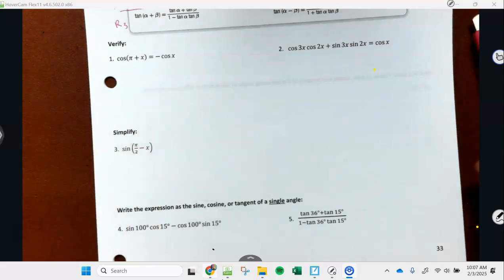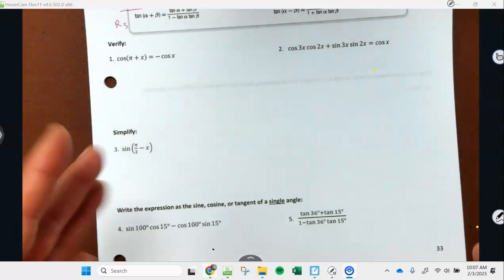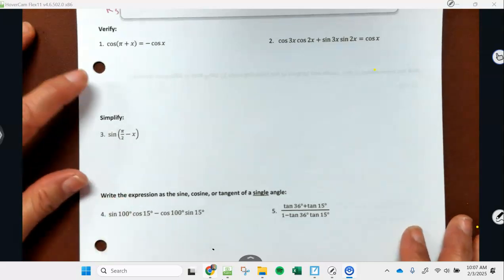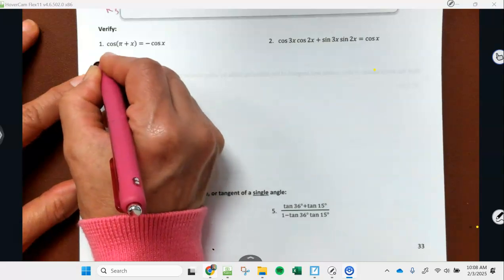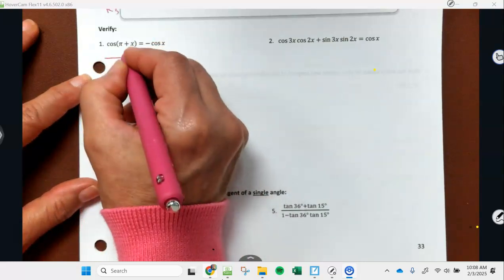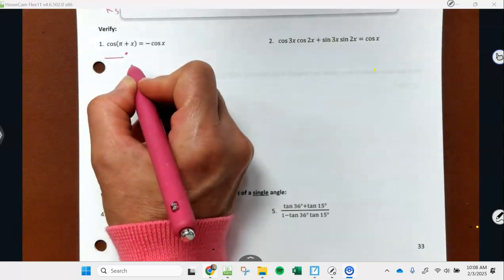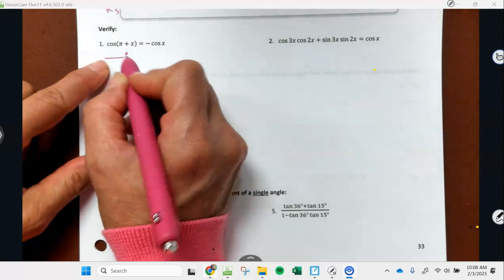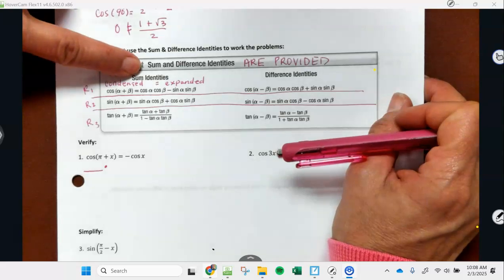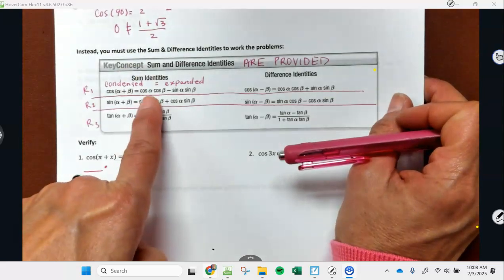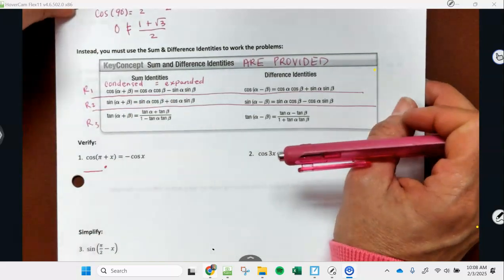When I expand this out, I am going to use the top row under the sum identities. So look at row 1 where it says the sum identities. It is going to be cosine A times what? What's after cosine A on row number 1 under the sum identities? Here's where it says sum identities. We're going to write the expanded form. There's cosine A. What is cosine A being multiplied by?